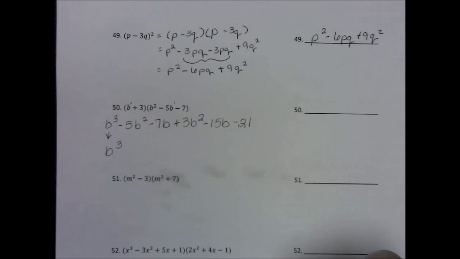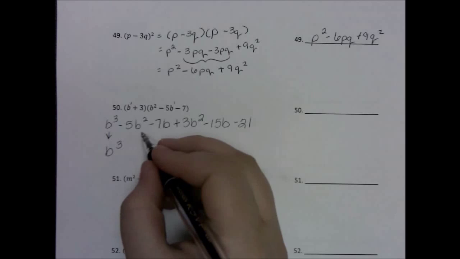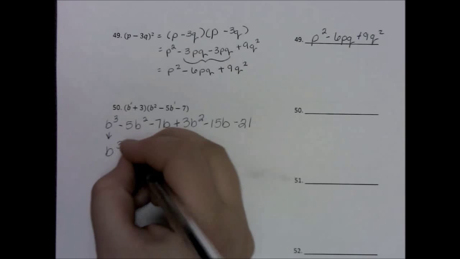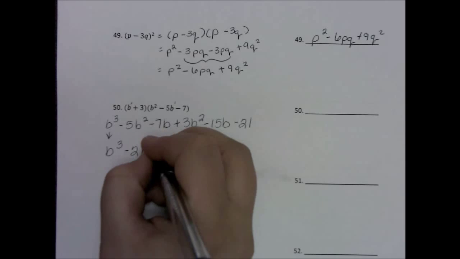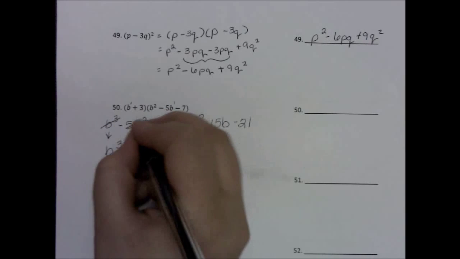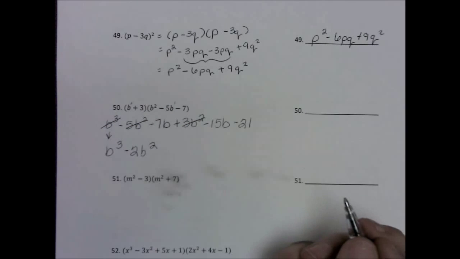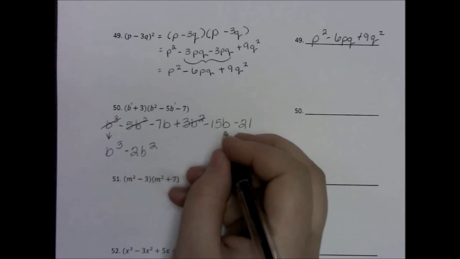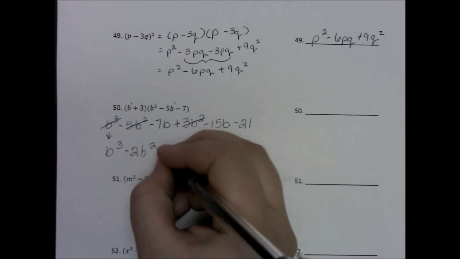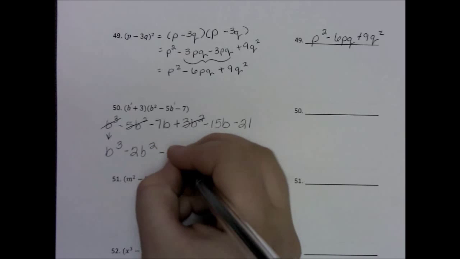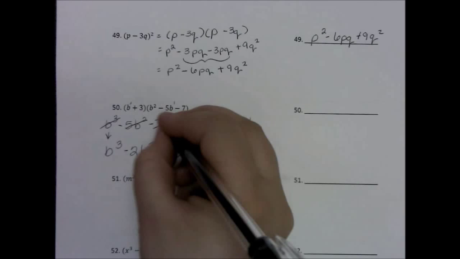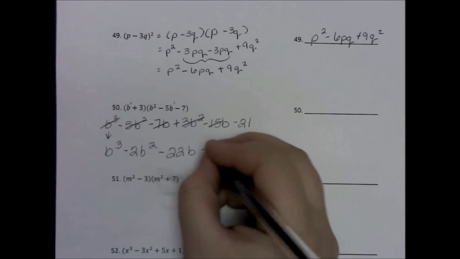And then I have my negative 5B squared and my 3B squared to get negative 2B squared. And as I use these, I'm just going to cross them out. And then I have negative 7B minus 15B is negative 22B. And then we have our negative 21 left.